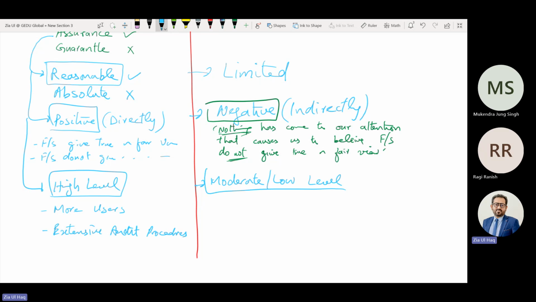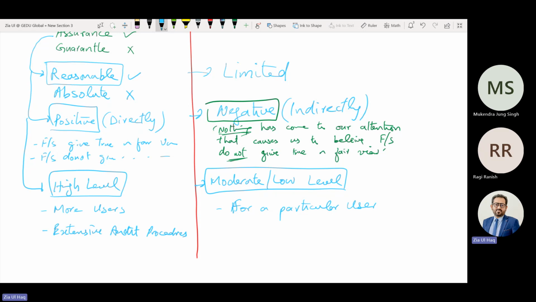What does it mean by high level? Providing assurance for more users. In non-audit, we do not provide assurance for more users. It is for a particular user. If we have provided assurance on cash flow for the bank, it is only for the bank, not for any other person.